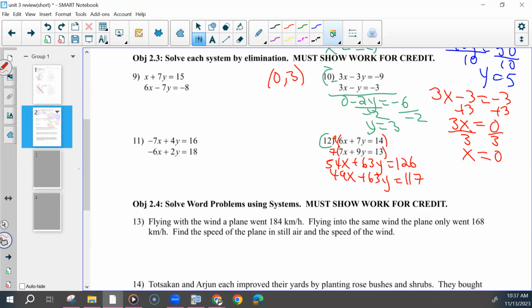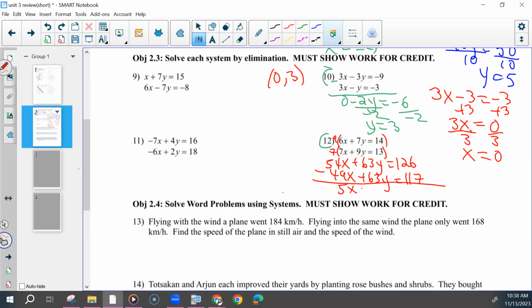Great. Do we have a common coefficient now? Something where the numbers are the same? Yes, our y. To eliminate these, could we add them or subtract them? All right, so 54 minus 49 would be 5.